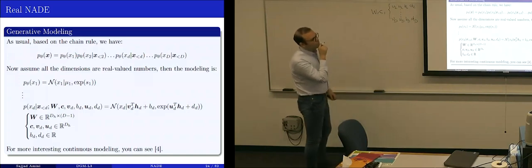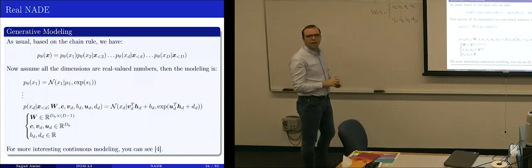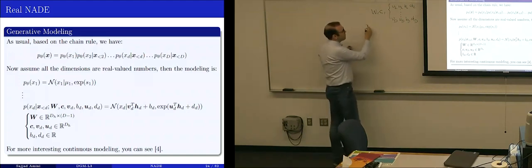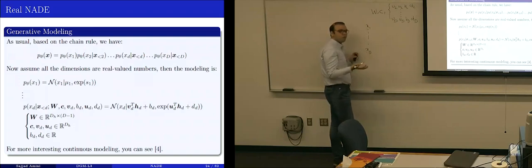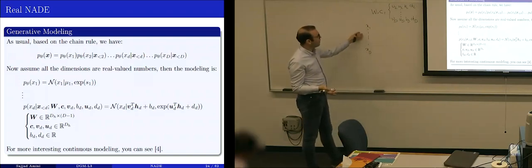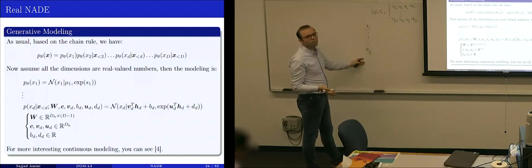So what can we do? How can I, you are given this vector x1 till xd. It is given to you and you are asked what is the value of PDF in this vector.